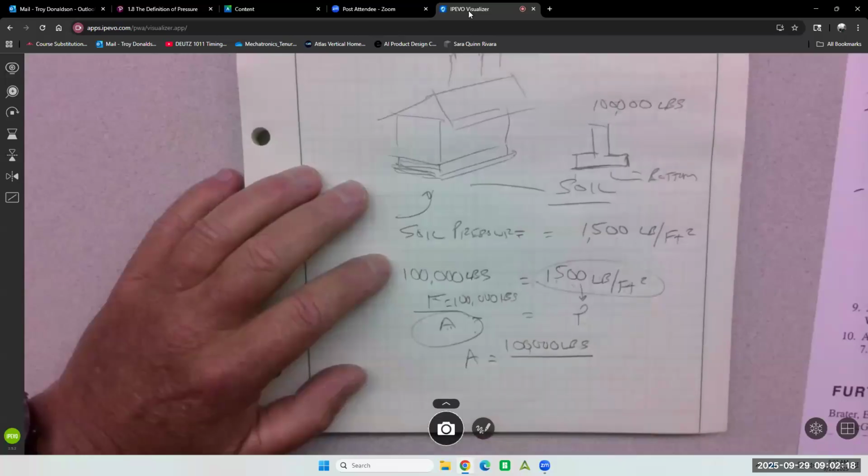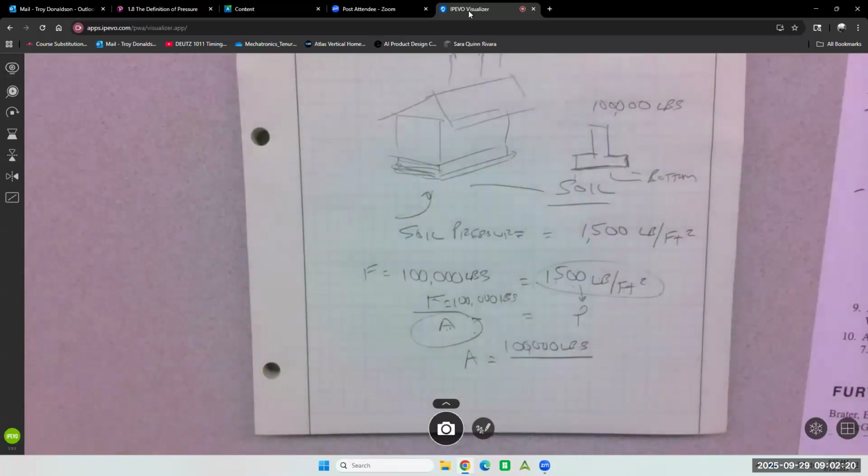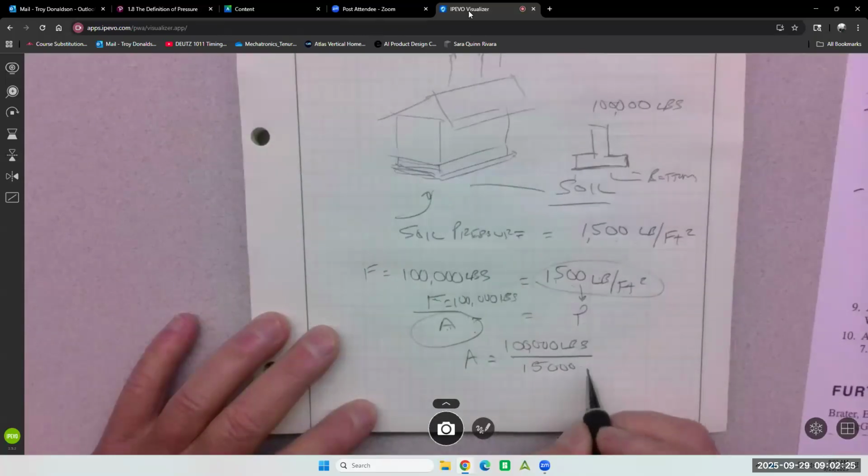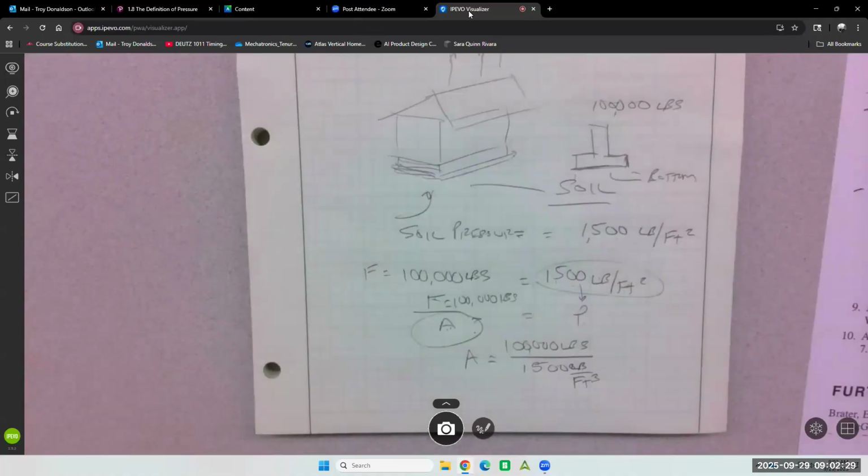100,000 pounds divided by 1,500 pounds per foot squared, right?